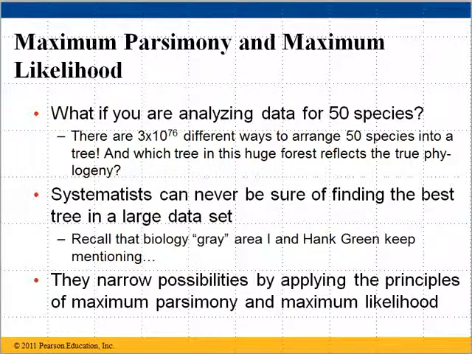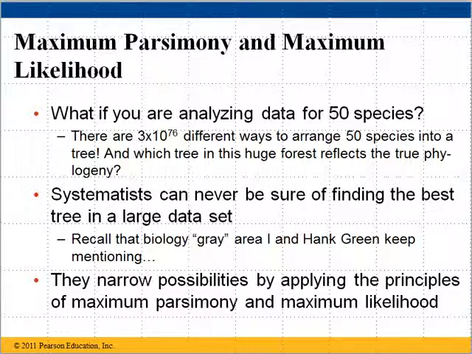Another question that scientists face when they're trying to create these phylogenies and these taxonomic divisions and trying to make all these trees and groupings is they have to decide what is the best way to show this, or what is the most likely way that this occurs, because there can be so many combinations. Let's say you're analyzing data for approximately 50 species.